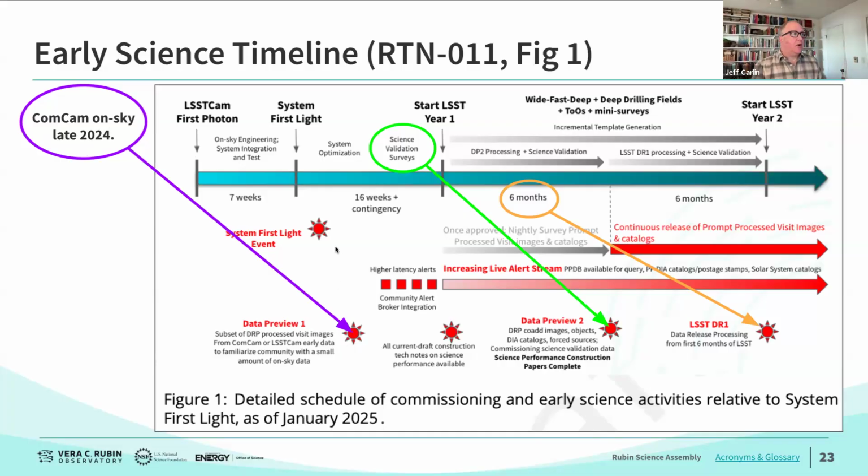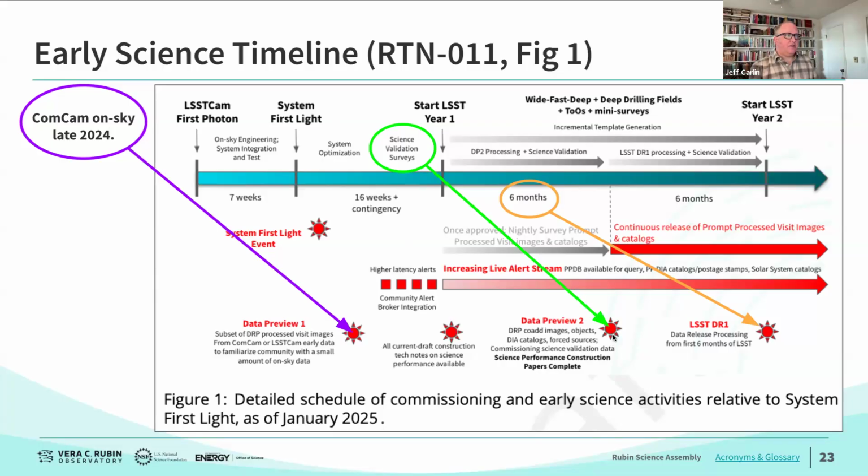We are currently now on sky with the full LSST camera. And we're in this phase of system optimization where we're doing things like refining the lookup table for the active optics and various things like that. After a few weeks of that, we will actually start doing what we're calling science validation surveys, and those will make up what will be Data Preview 2.